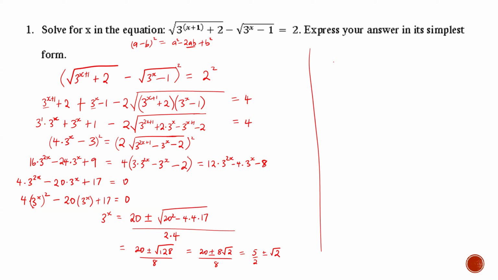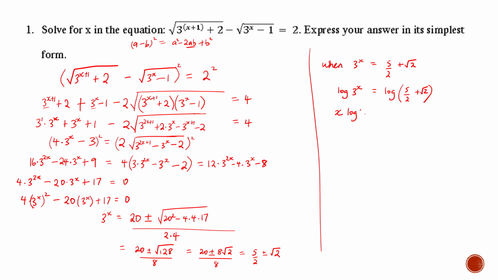So we have two scenarios. When 3 to the power x is equal to 5 over 2 plus root 2, then if I take the logarithm on both sides, I have log of 3 to the power x equal to the log of 5 over 2 plus root 2. And so because of the laws of logarithms, this becomes a multiplier.